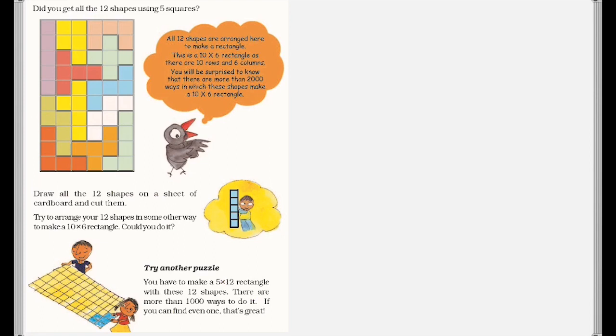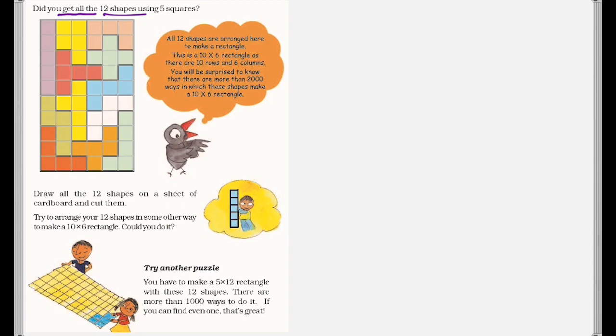Now moving ahead, see here it's written, did you get all the 12 shapes? Okay, so in total you will be able to make 12 shapes.